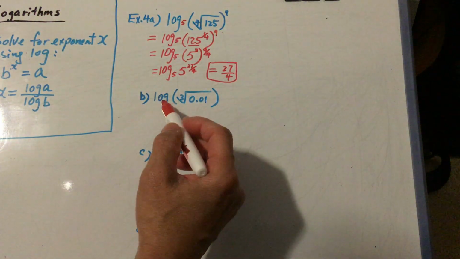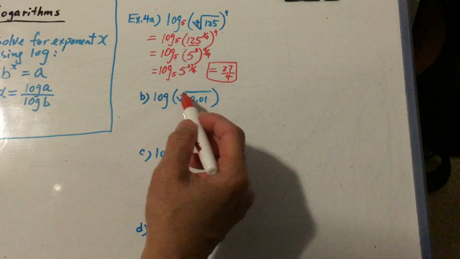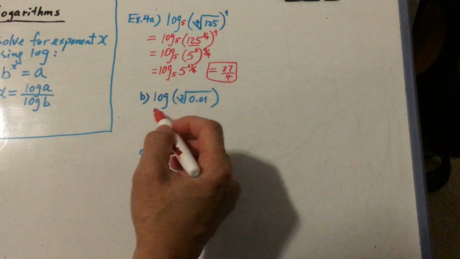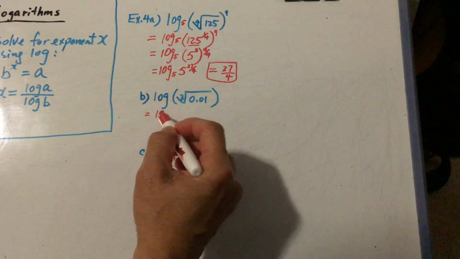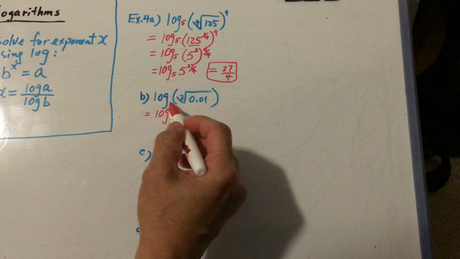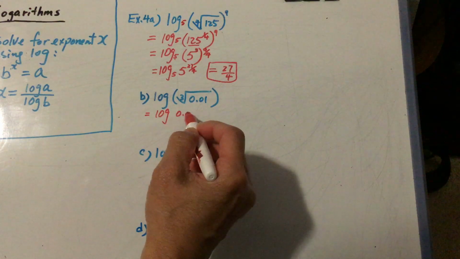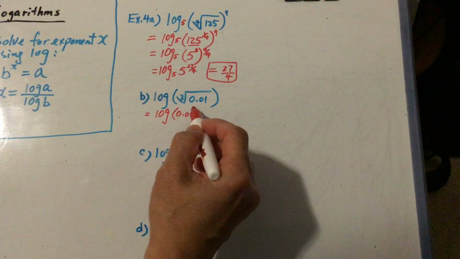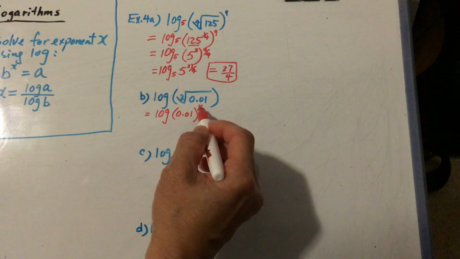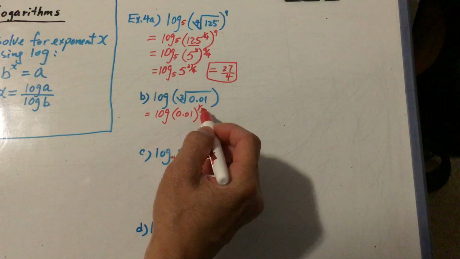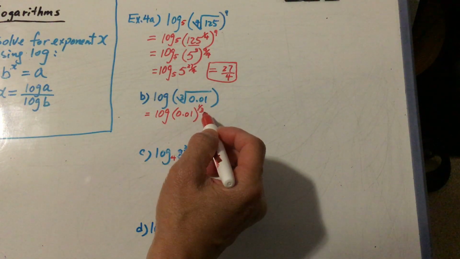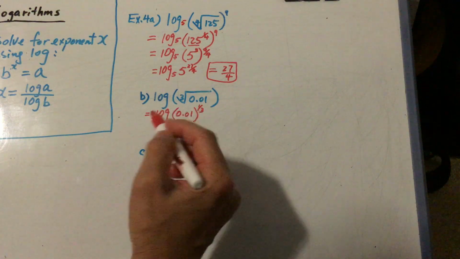Now, for part b, when you have a log of a cube root of 0.01, again I want to remind everyone, this one has no base, that means the base is 10. But any kind of radical, you have to convert back into the exponential form. So the cube root is the same as the exponent of 1/3.